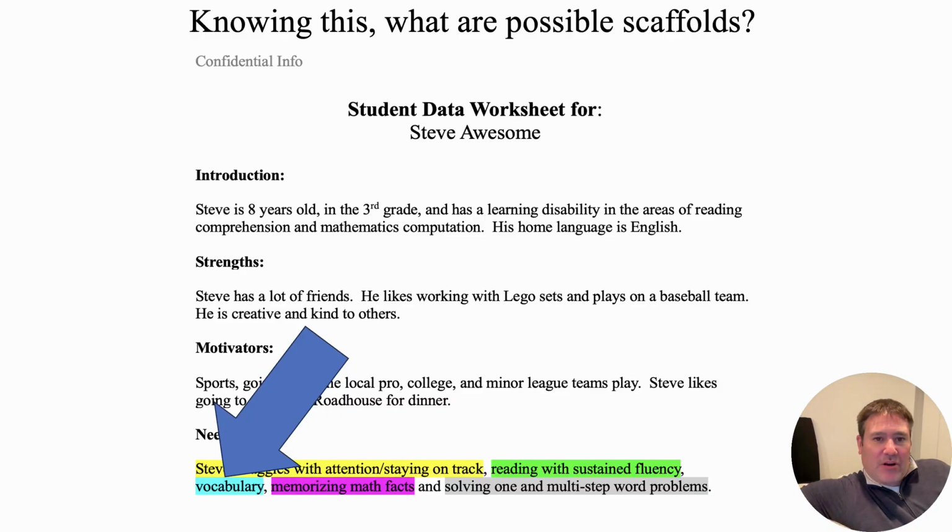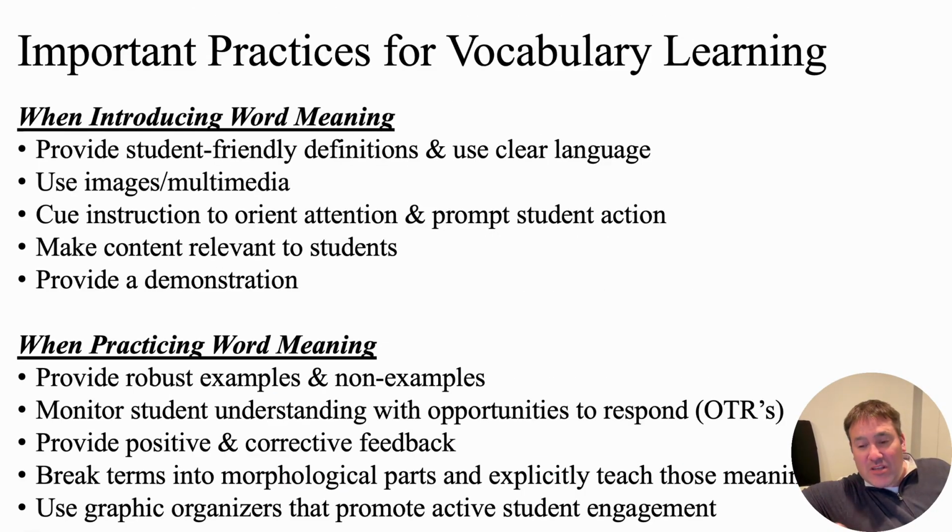How about vocabulary? What do we do for that? There's lots of high quality scaffolds available for supporting vocabulary learning. In each instance, I can think about, oh, I should use images. I should provide lots of cues to scaffold student success.